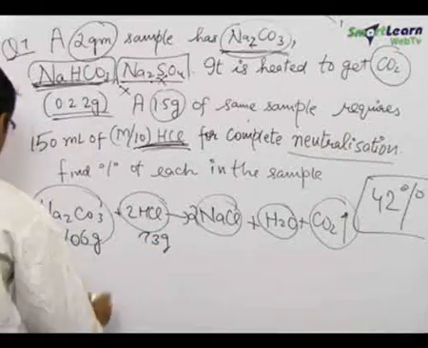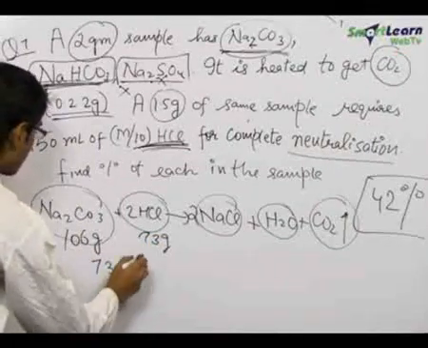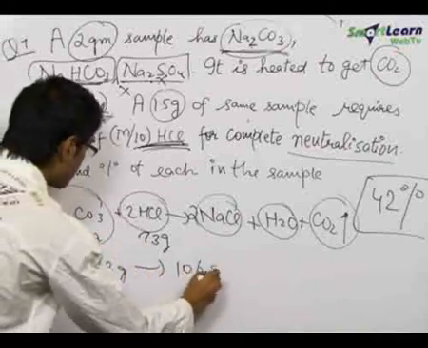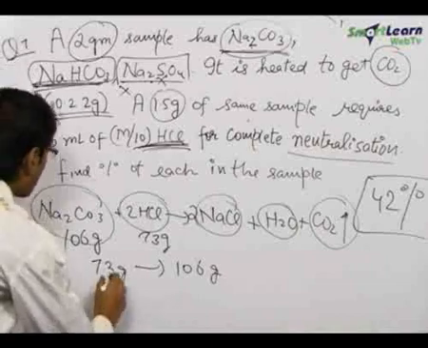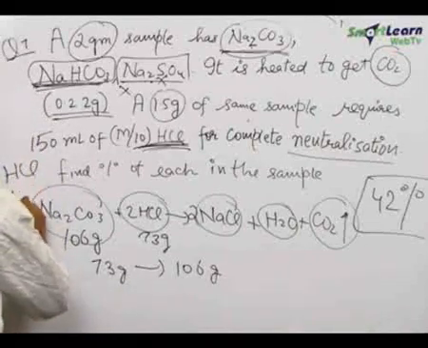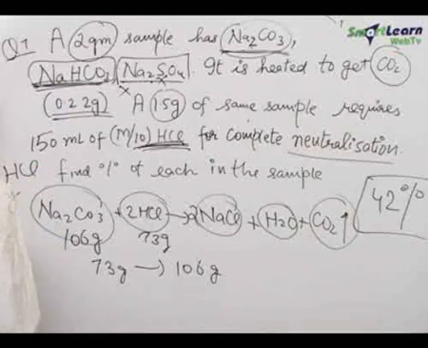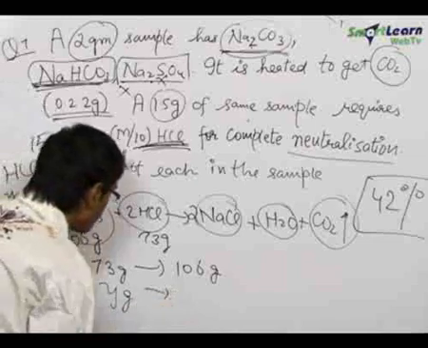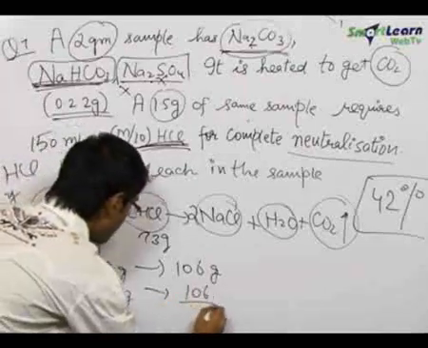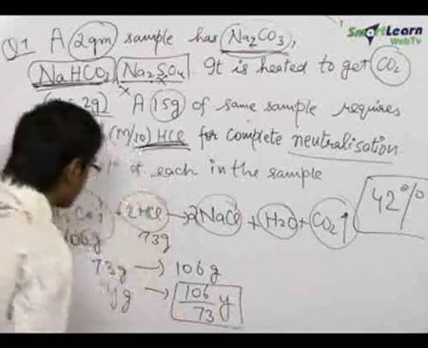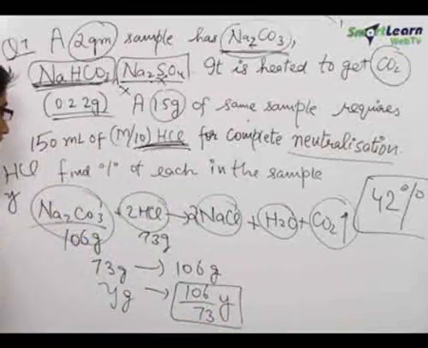Hence we can say that 73 grams of HCl is utilized by 106 grams of Na2CO3. Let us say HCl equals Y grams. So Y grams of HCl will be utilized by 106 upon 73 Y grams of our Na2CO3.